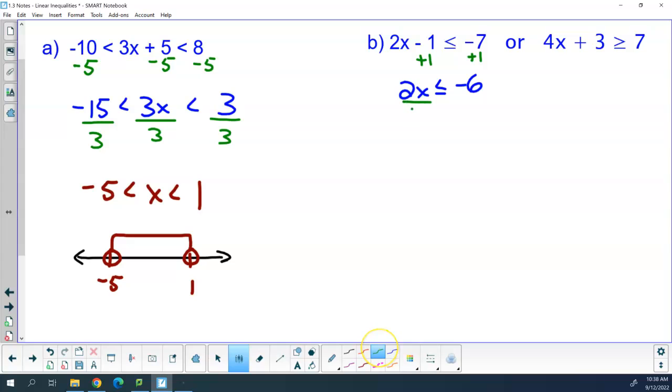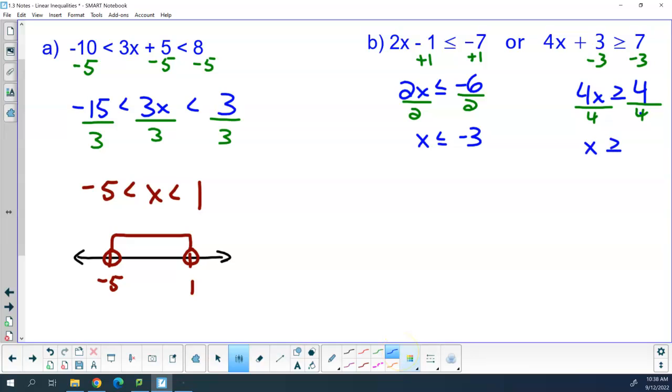Then you would divide by 2. Then you would go over here and you would subtract 3. Then you would divide by 4. And then you would write it out: x is less than or equal to -3, or x is greater than or equal to 1.